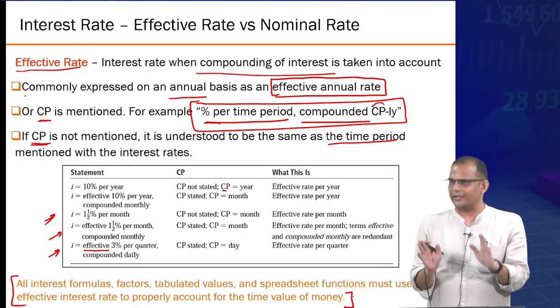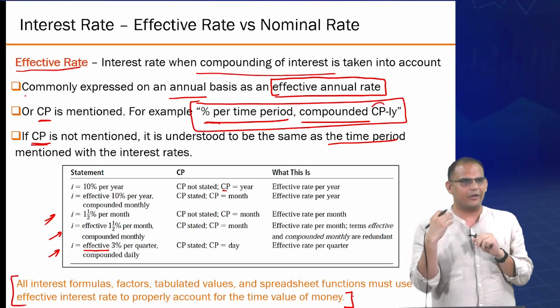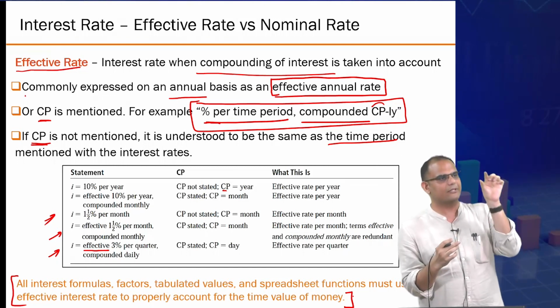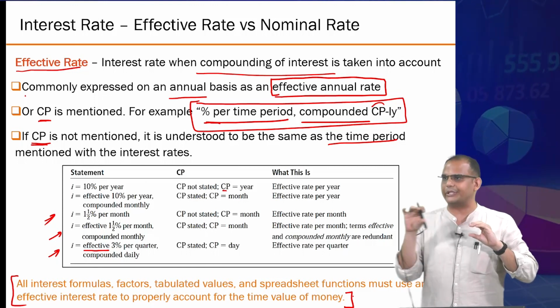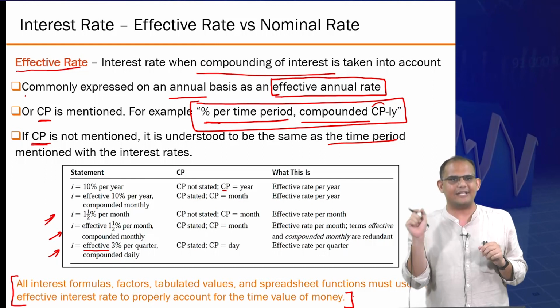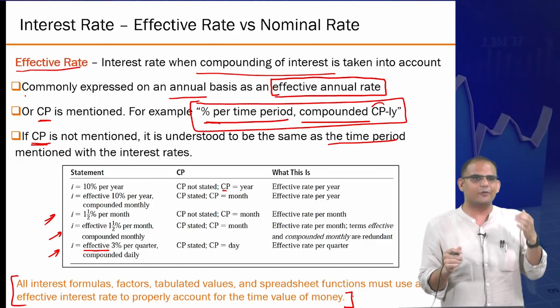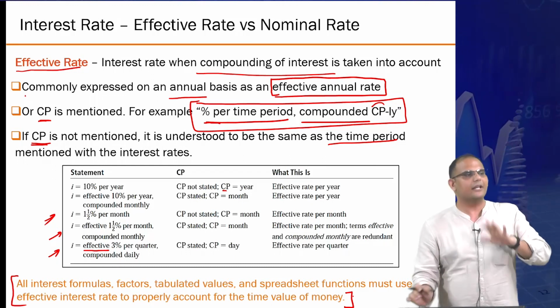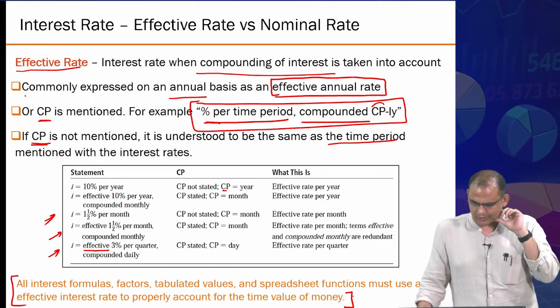So by default, never change n, never change the time period for the transaction. Always modify the rate, bring it to the necessary form for the calculations that you need to do and use it in the formula. Don't change n, don't change the time period, don't make it a habit, because in some cases you will be able to get the correct answer, but it is not correct. I will show you how towards the end of this lecture, perhaps tomorrow we'll be reaching there.